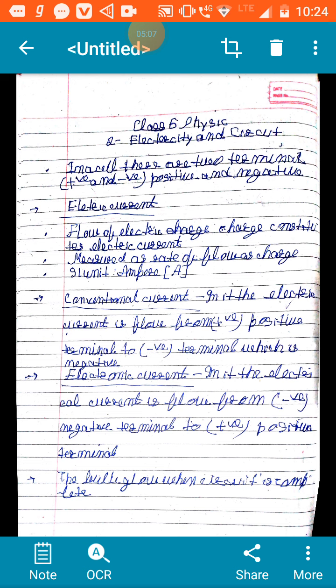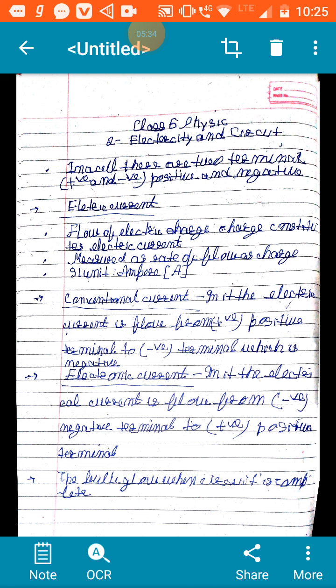Conventional current: in it, the electric current flows from the positive terminal to the negative terminal.